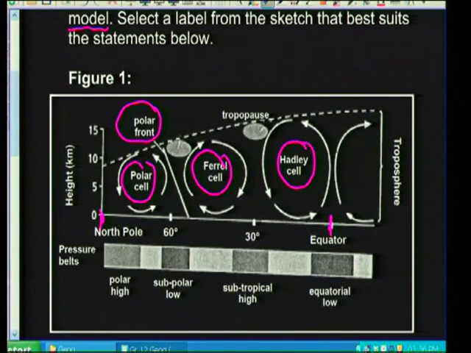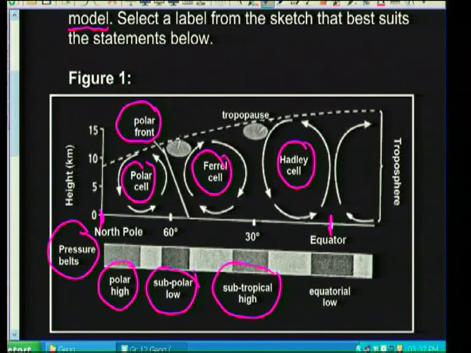Then, if we notice, it also talks about pressure belts. And we know that at the poles we have the polar high, at the 60 degrees the subpolar low, and at the 30 degrees the subtropical high, and at the equator the equatorial low.